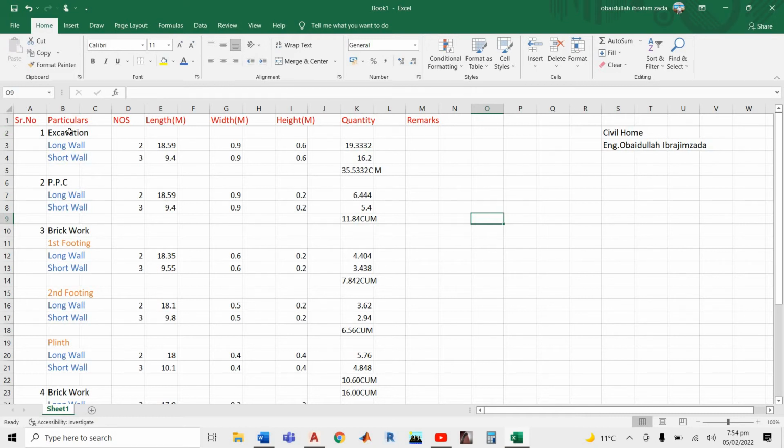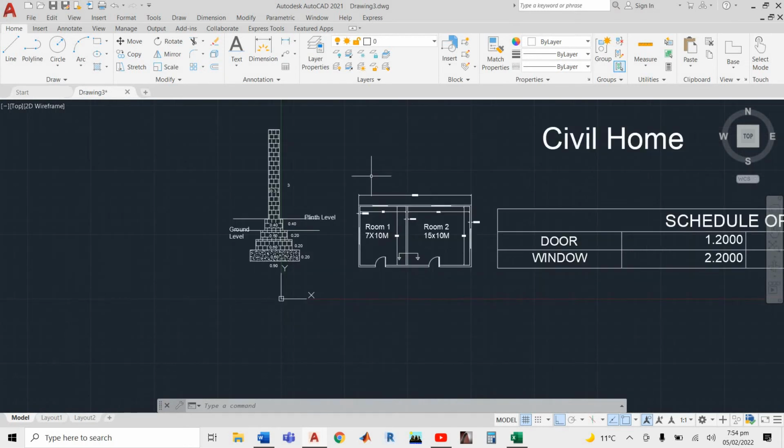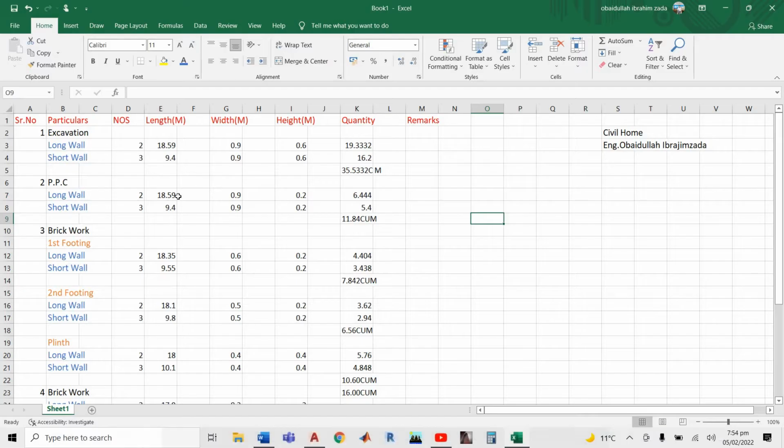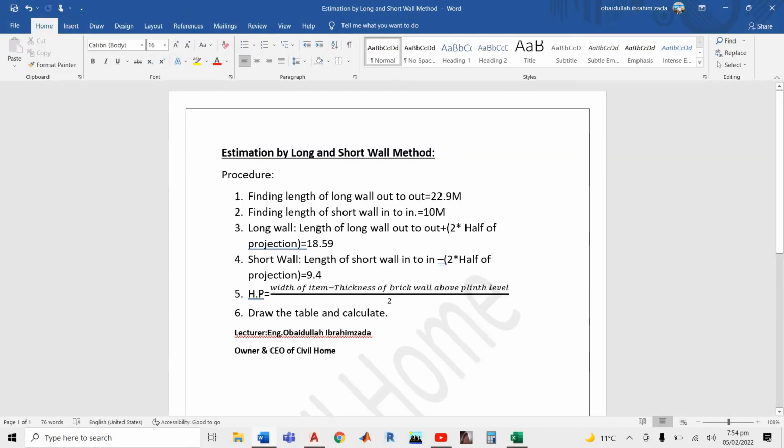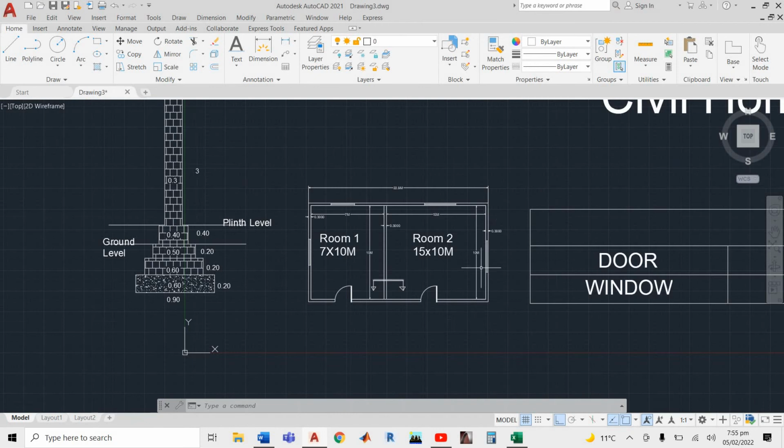Then we come to excavation for the short wall. How many short walls do you have? 1, 2, 3. You have 3. How much is the length of your short wall? Length of short wall end to end, if you see here, is 10. 10 minus 2 multiplied by half of projection.